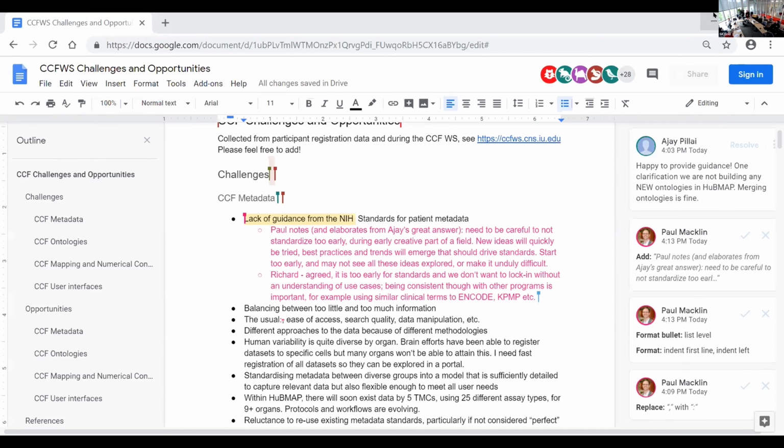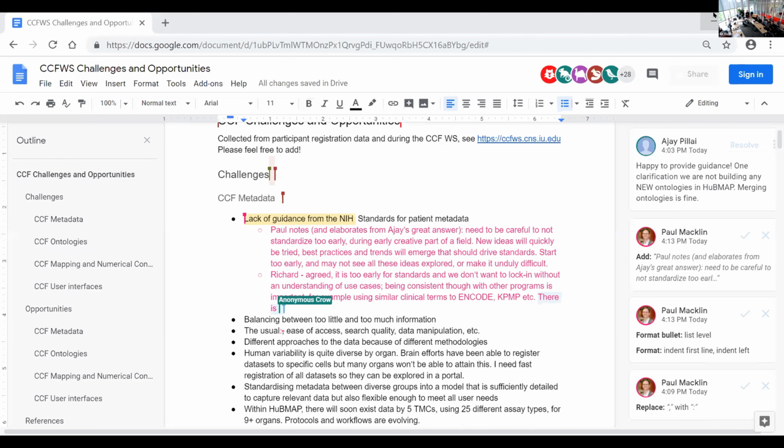Richard also just added that he agrees it's too early for standards, so you can read his text there. Thank you all for commenting on this text and adding to this document. This is gold on our end. Please do so. Also, I see Paul commented in many places. In the interest of time, we could go through the metadata challenges and opportunities, and I don't know if Sanjay wants to steer us through these stormy waters.